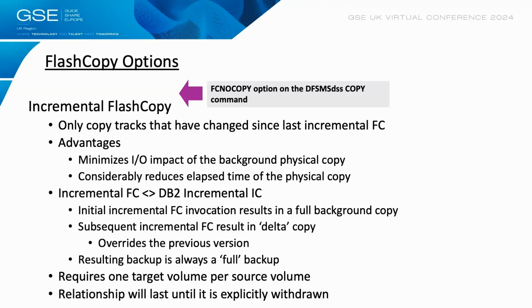So it needs that there obviously to start with, and then every time you run it after that, you'll get a delta copy of it. And then the resulting backup is always a full backup, so it's just copy the changes and you back out. And requires one target volume per source volume. Fair enough. And relationship will last until it's explicitly withdrawn. So you stop it.